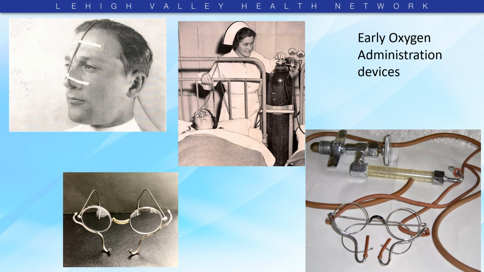This I find interesting, where you have an oxygen cannula with glasses. So if you had COPD and you needed oxygen, but you also had trouble seeing, if you were myopic and at the same time hypoxic, you could use your glasses to get oxygen and be able to see.